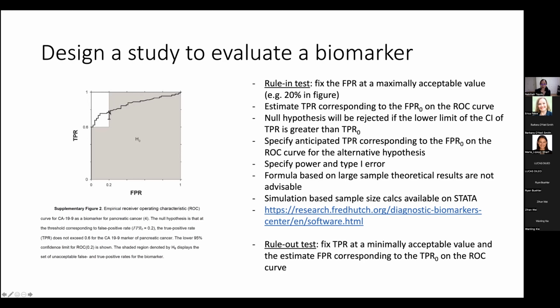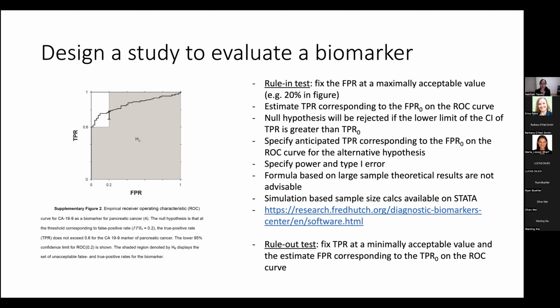For our rule-in test, can we get a higher true positive rate corresponding to 20% false positive rate than the existing biomarker? So I prefer designing studies like this. You can see in this code that you can design it based on AUCs, but I find AUCs are not as direct as how you are using an evaluation.